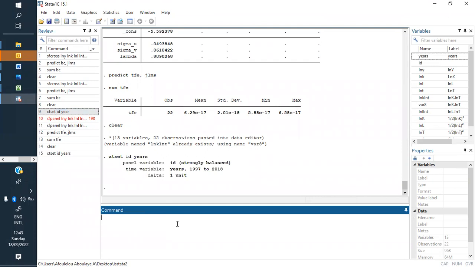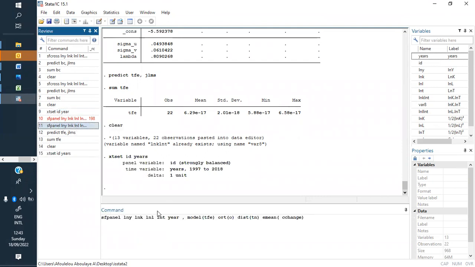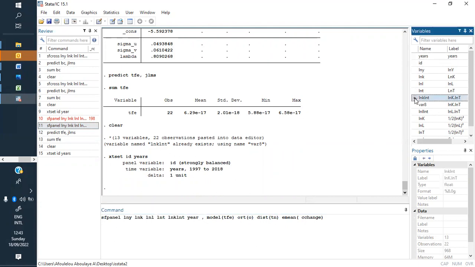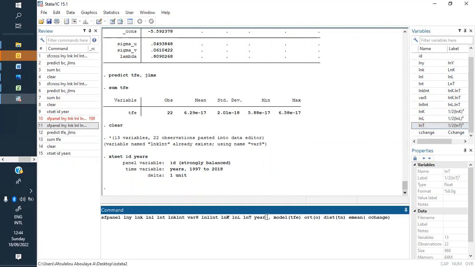Okay, and now I can run my model. I need to consider everything and those interaction things. And then I need to add this variable, yes, there.